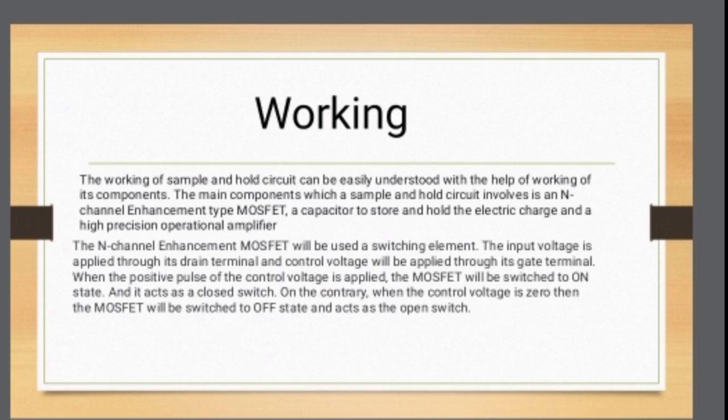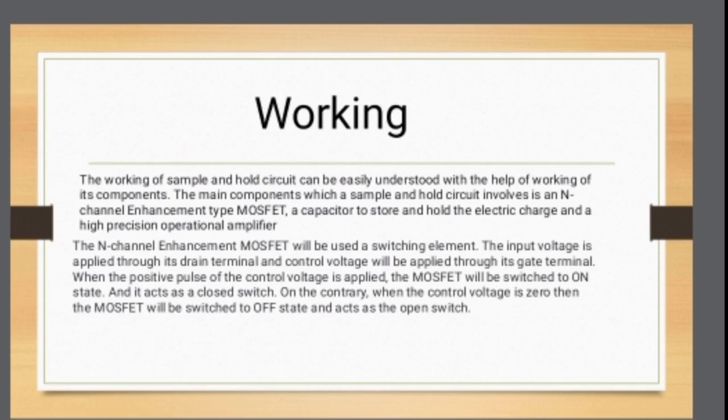The input voltage is applied through its drain terminal and the control voltage will be applied through its gate terminal. When the positive pulse of the control voltage is applied, the MOSFET will be switched to the on state and it acts as a closed switch.